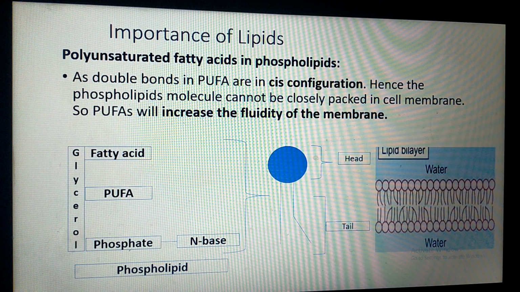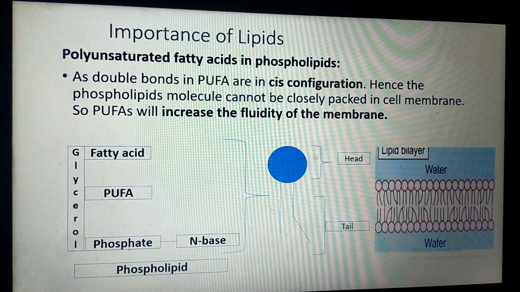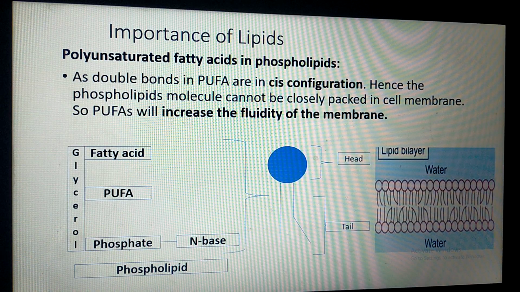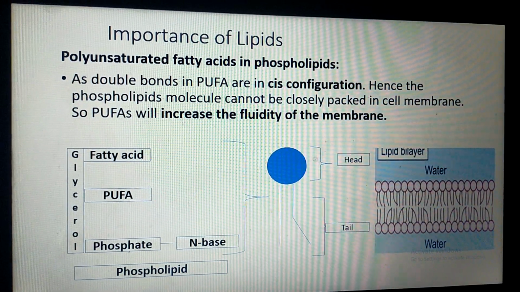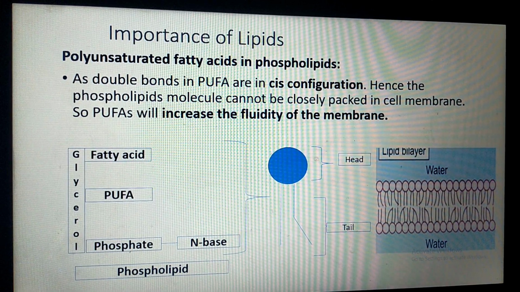Therefore, such type of phospholipids, when present in the cell membrane, will not fit in the cell membrane properly, or you can say due to the presence of polyunsaturated fatty acid in a phospholipid molecule, the tail becomes wide, and due to this, adjacent phospholipid molecules will go away from each other, and this is important for maintenance of fluidity of cell membrane.